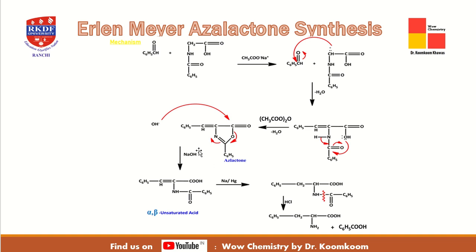Upon hydrolysis with NaOH, alpha beta unsaturated acid is formed, which upon reduction, as you can find here, the double bond gets reduced to a single bond, and again hydrolysis over here results in the formation of the desired alpha amino acids. If you have any doubt about reduction or reducing agent, put your doubts in the comment section.